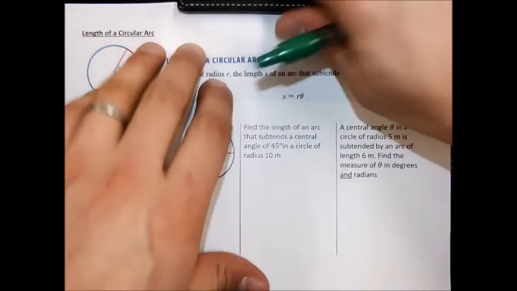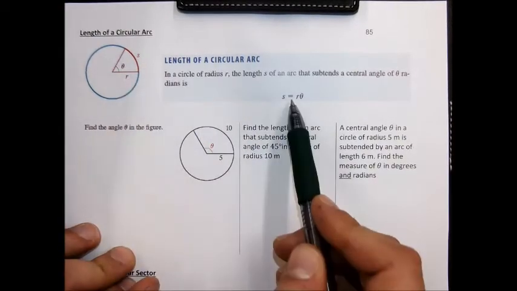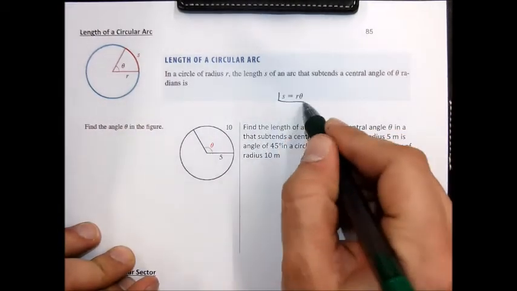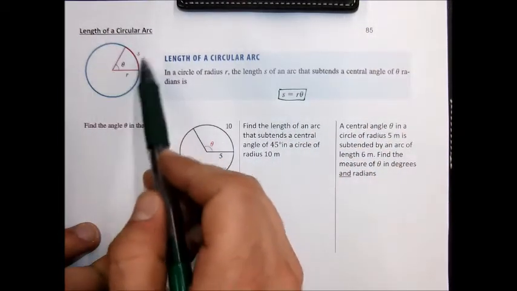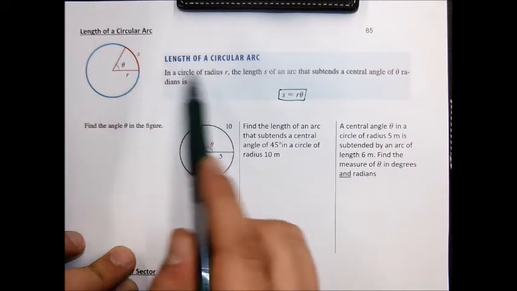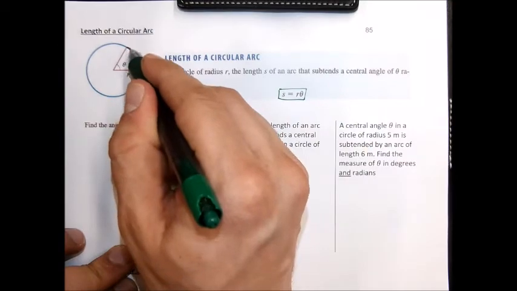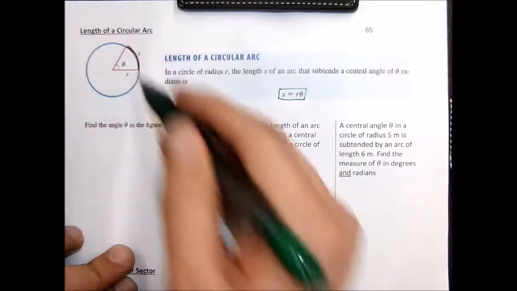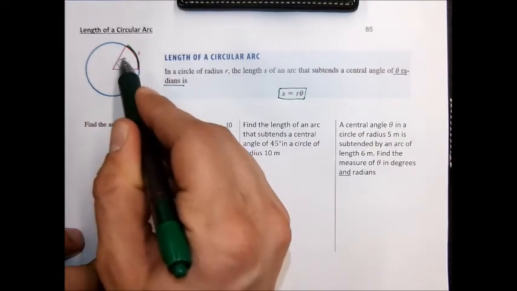So the first equation that we're going to look at is this one right here, S equals R theta. And so S equals R theta refers to this picture right here, okay? And so we see that the radius is R, the length of the outside of the circle is S, and the theta value is on the inside here.